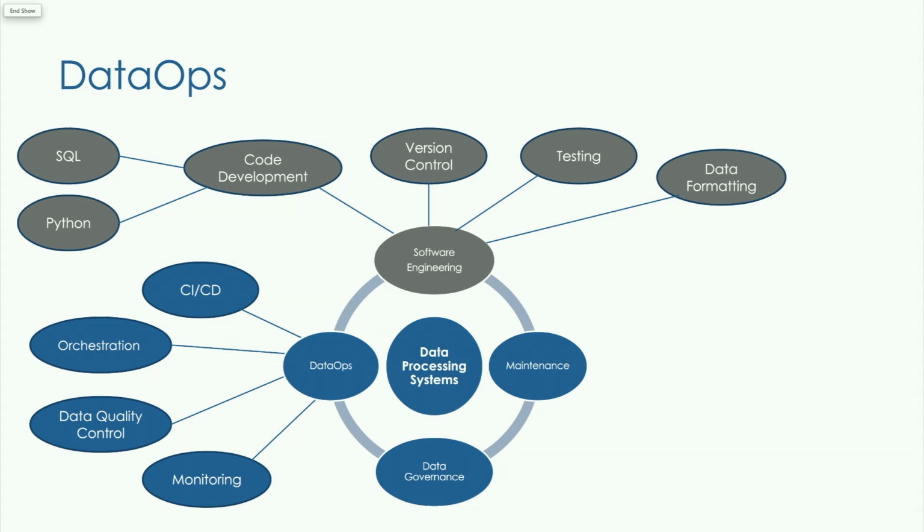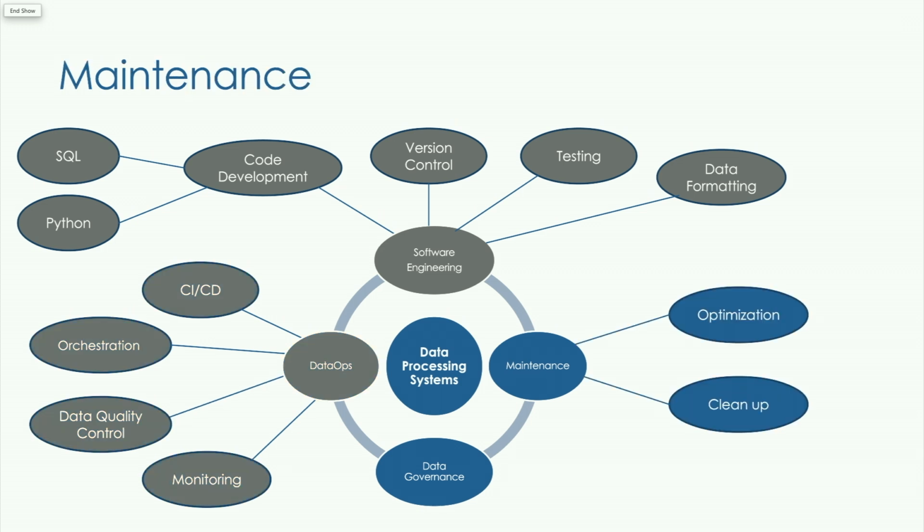Next, we have orchestration, because usually we don't want our pipeline to run manually, so we orchestrate it to run, for example, on a scheduled basis. Also, we need to control the data quality of our data pipeline, and monitor if there is any issue during the pipeline execution.